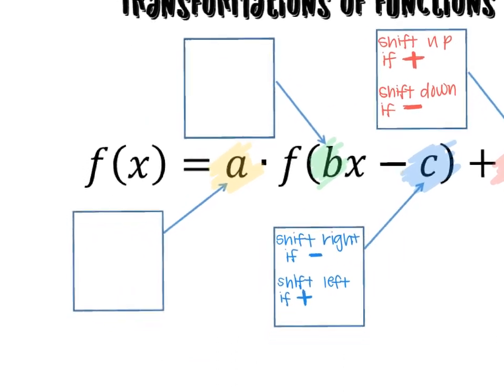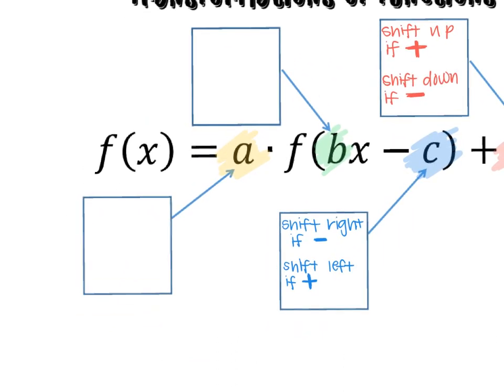Then we talked about this A on the outside, and this was a vertical stretch or compression. So we said if A is greater than 1, it is a vertical stretch.